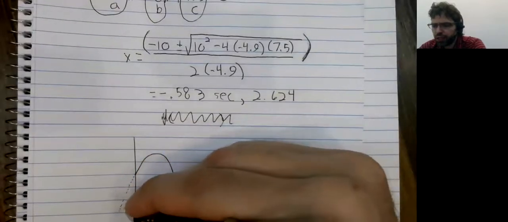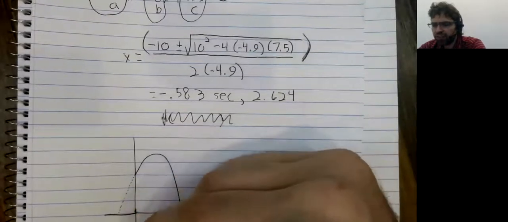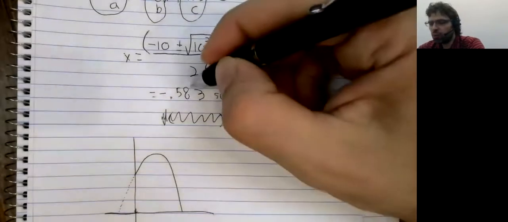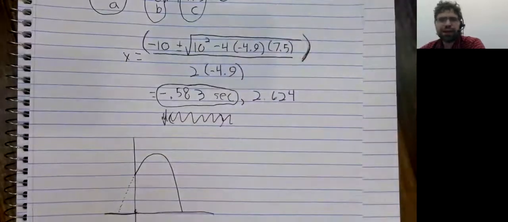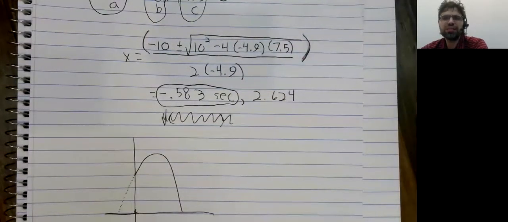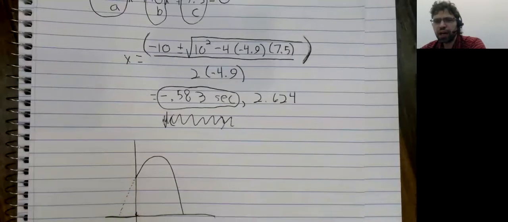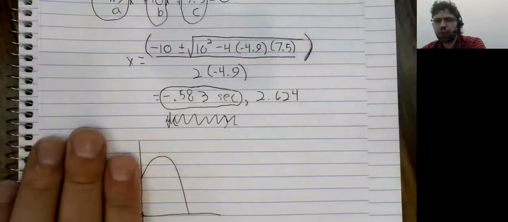Over here, in the second quadrant, the parabola is equal to 0, but that negative solution doesn't make sense. I mean, time has to be positive. We are, as is so often the case, stuck in the first quadrant.